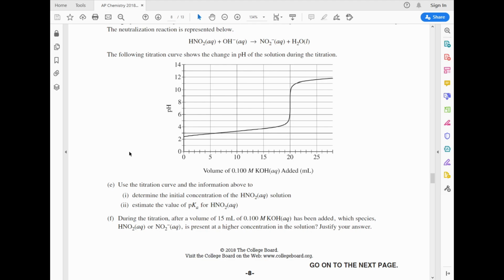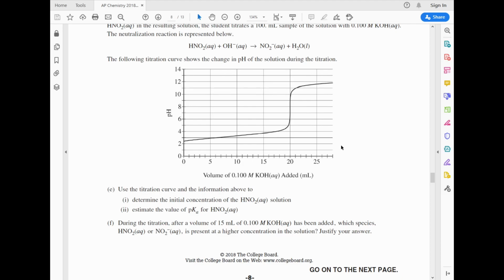Before that point, you have more weak acid. After that point, you have more weak base because of how it reacts. You've only reacted very little here, and you keep reacting more and more until half of it's gone. And after that, more than half is reacted.